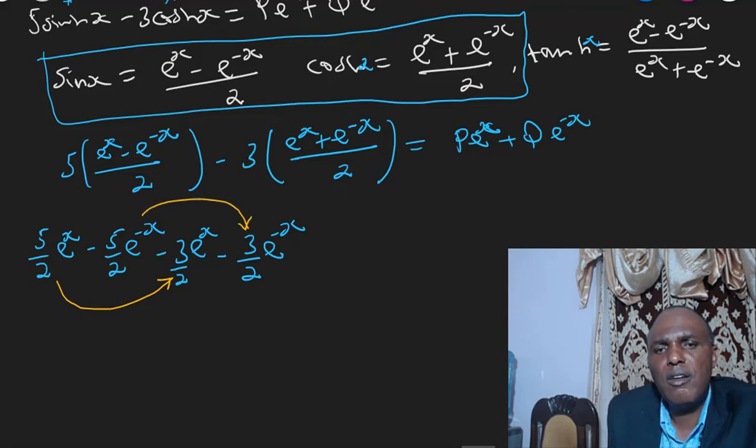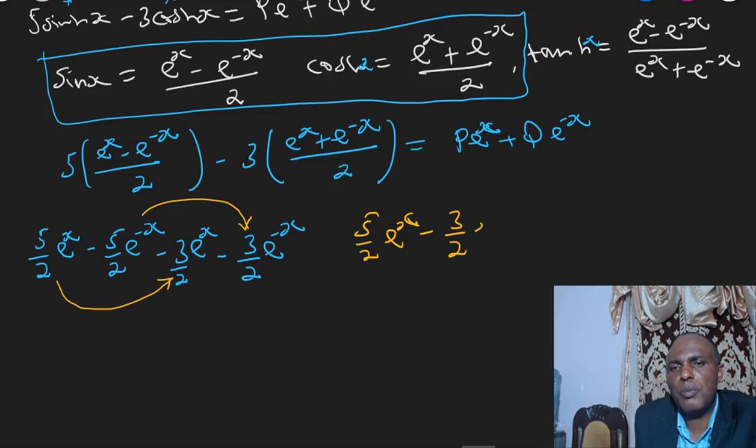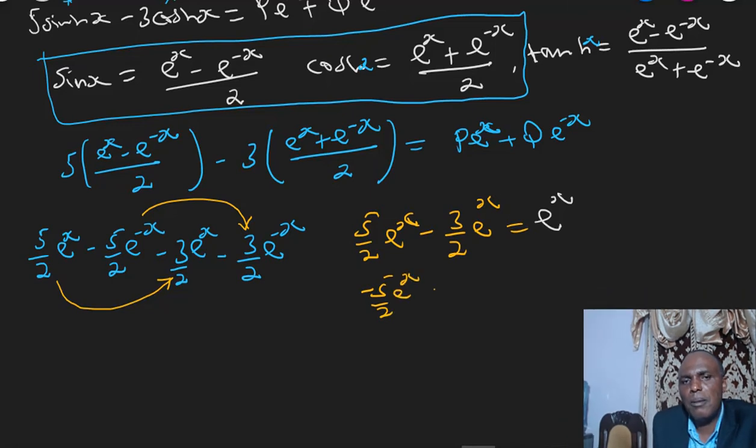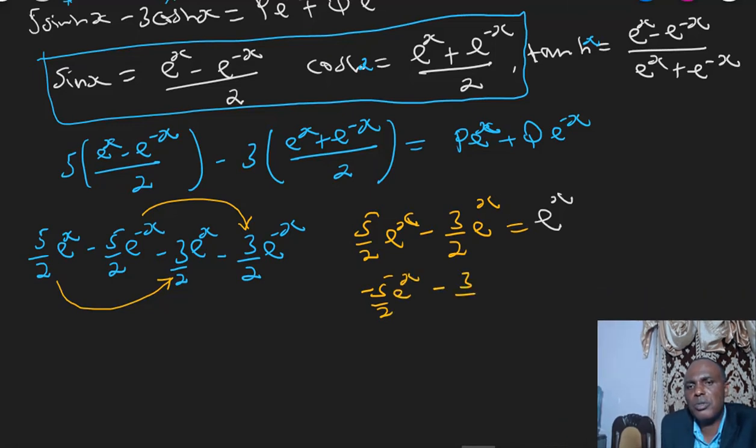So we have 5 over 2 e to power x minus 3 over 2 e to power x. It gives us e to power x. Then we have negative 5 over 2 e to power negative x minus 3 over 2 e to power negative x. And when we combine the two, here we get negative 8 over 2, so we get negative 4 e to power negative x.